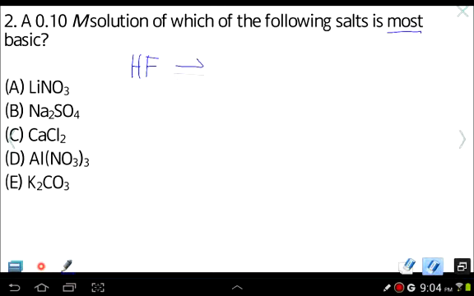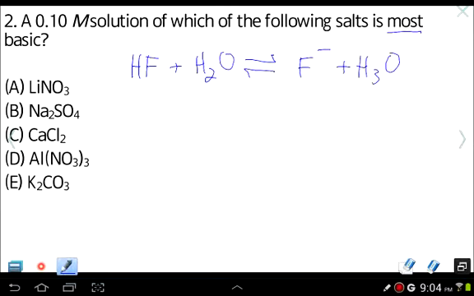It may be easier to actually react HF with water, because an acid always has to get reacted with a base. So why don't we show it this way? So HF then giving up the H+ becomes F-, and then whatever is left over, in this case H3O+. So this guy would be a base. Again, a base, if we think about it, going back toward the left.